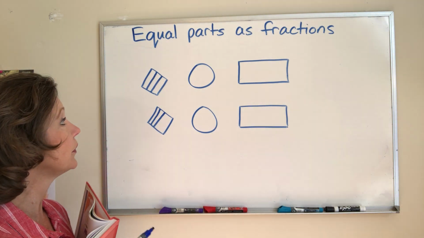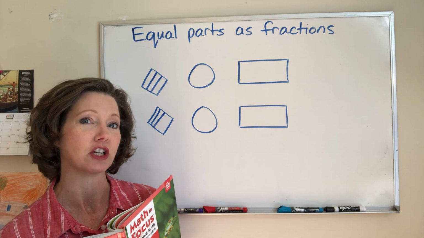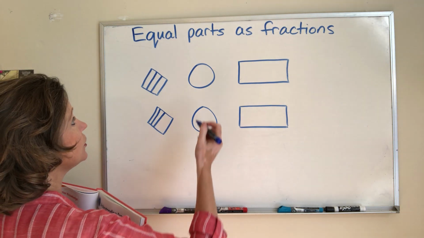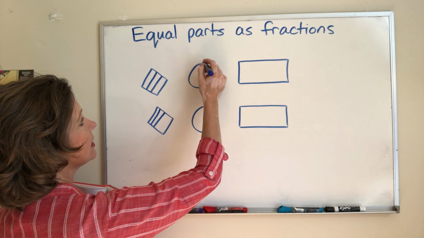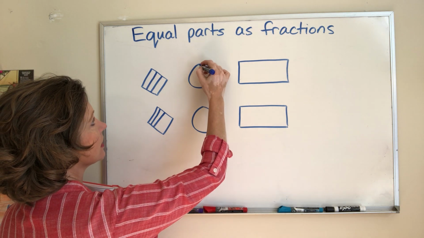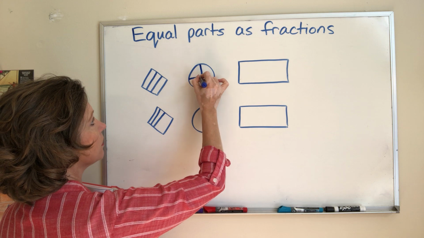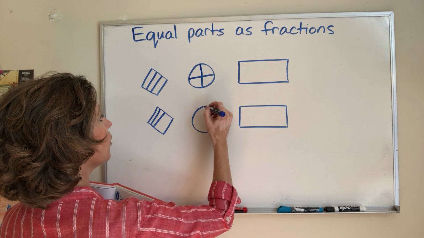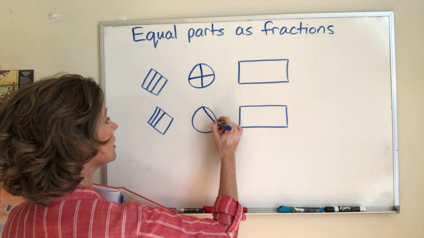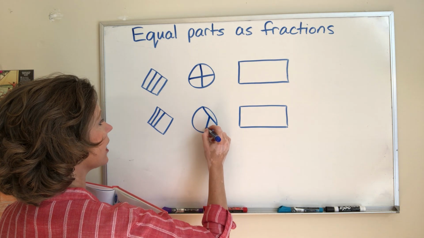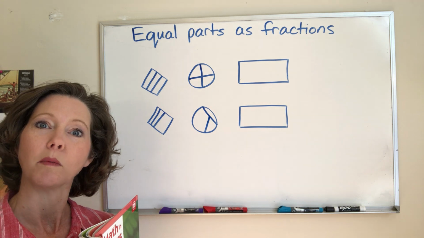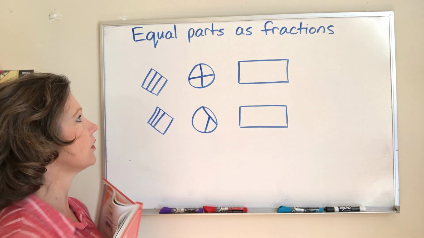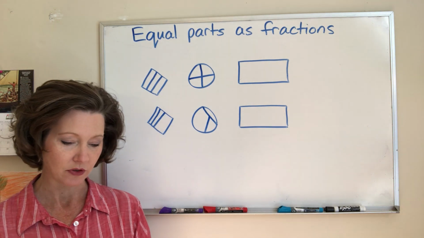No. So in order for it to be a clean fraction where you can name the parts, they have to be equal. Would you say that this shape is cut into equal parts? Okay, yes. Would you say that this shape has been cut into equal parts? Of course not. All right. We're not going to use that rectangle there for just a minute.